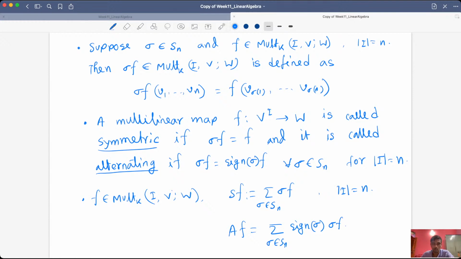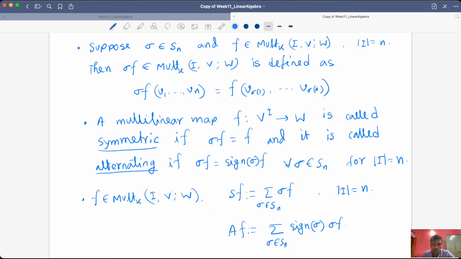Then one can easily check that for tau belonging to S_n, tau of AF is sign of tau times AF, so it is alternating. For symmetrization, tau of SF still gives you SF.